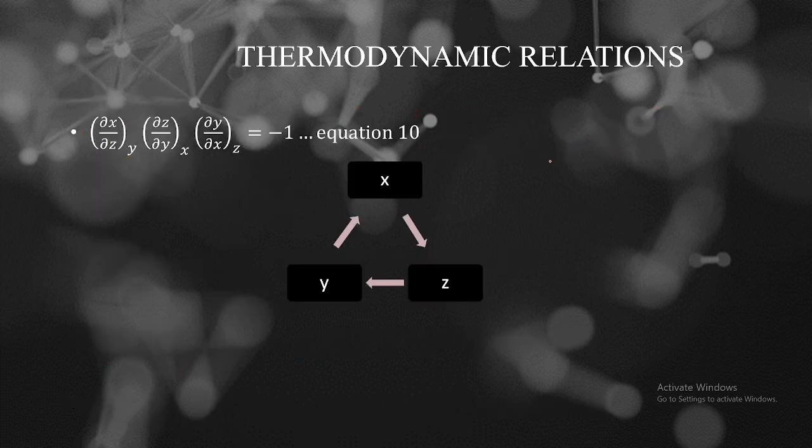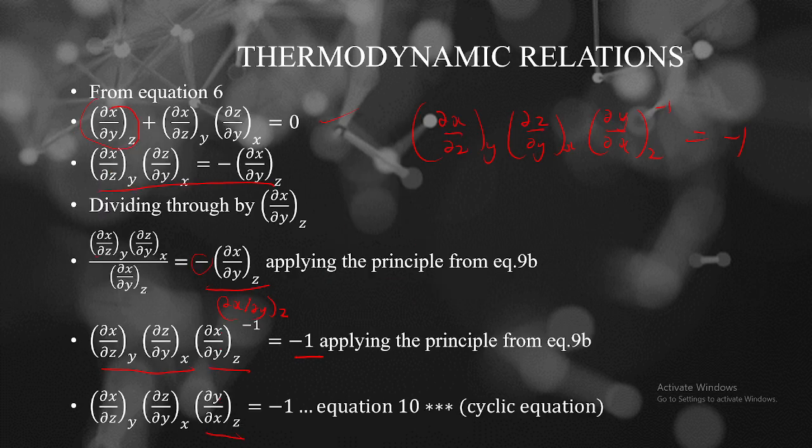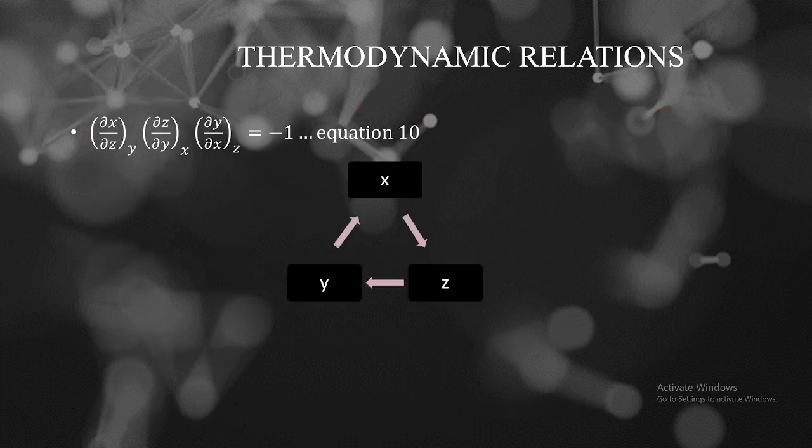Now, for finding this expression, what we can do is that we said it's cyclic, so I can have my x going to my y to my z, and my z to my x. So what we can do is take it this way. I can start with the x, so del x, then the next term, going this way, del z at constant y.